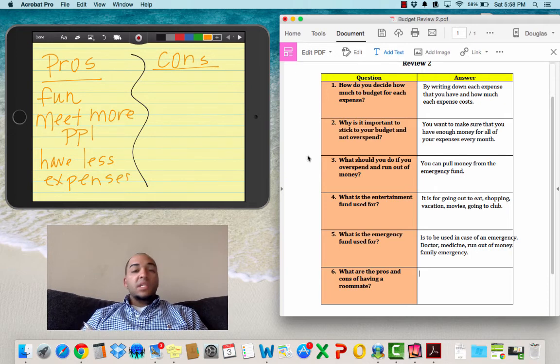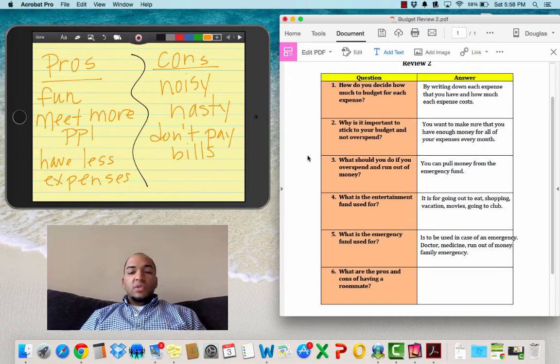Because your roommate is going to split the cost of those expenses with you. Some cons might be that they are noisy, they're nasty or dirty, they don't pay their bills. So you have to pay all the rent if they don't pay it. So those are some pros and some cons, and the list could go on.